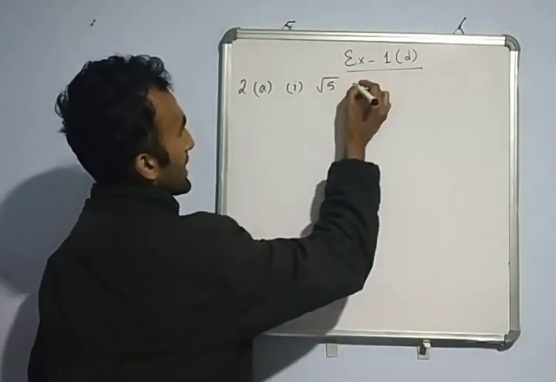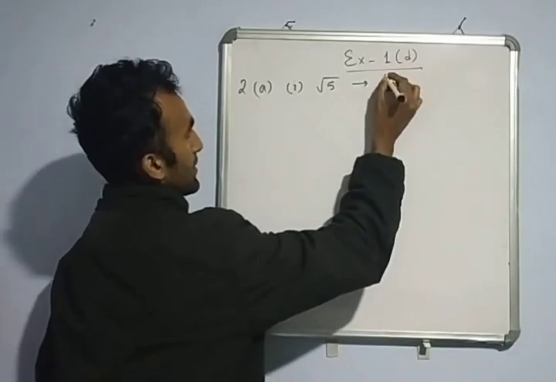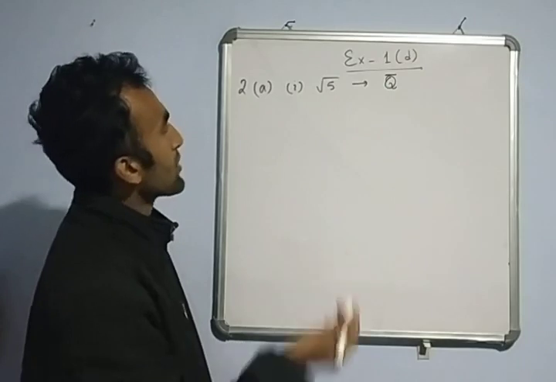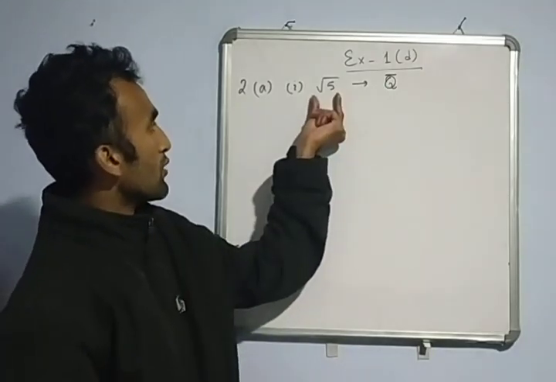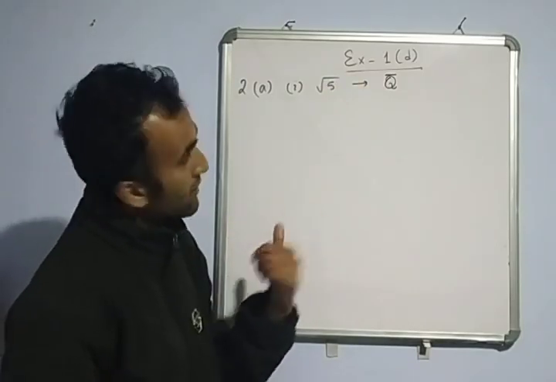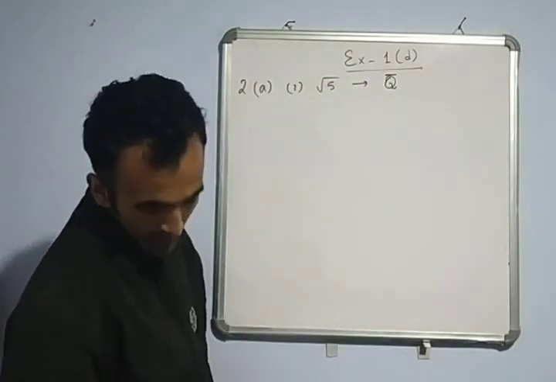Root 5 is directly irrational. Examine. So it's not that we have to prove it, just examine it. By looking we can know that root 5 cannot come out of the root, so it becomes irrational. I'm writing in short form, you can write irrational.